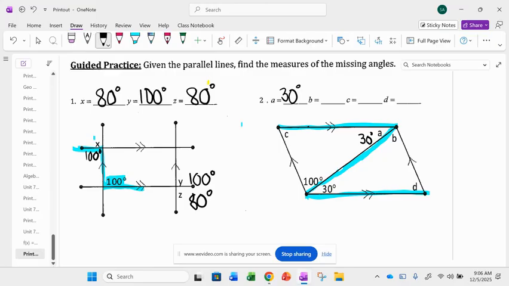Okay, let's erase that. Anybody see anything else we can do? So we found A is 30. Jay? You got it. We can make another Z this way using the single arrowhead lines. So that means B is 100.